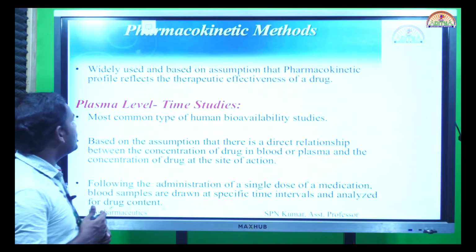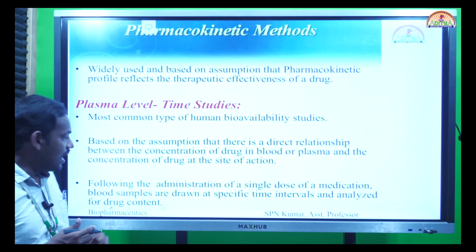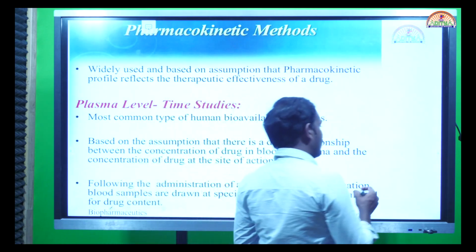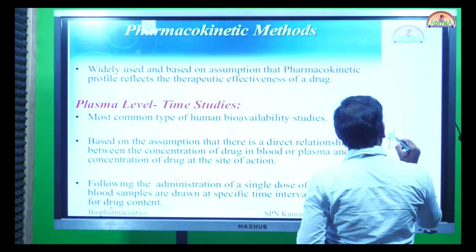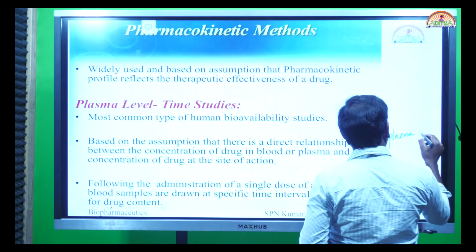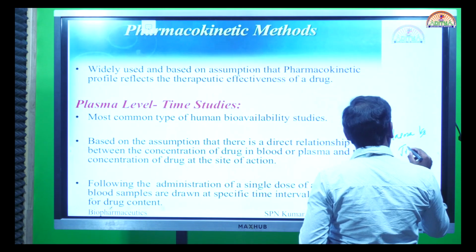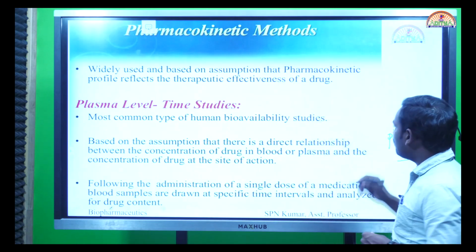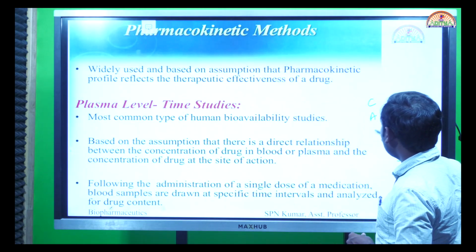So first one is plasma level time studies. Under plasma level time studies, we are going to measure how much amount of drug is present in the plasma with respect to time. For this we are going to take three parameters into consideration. Just remember CAT, C-A-T.